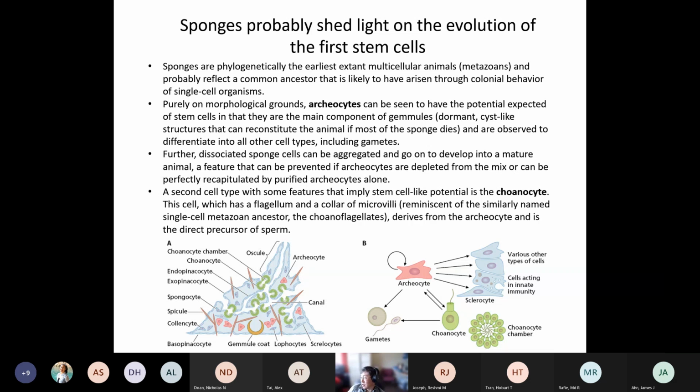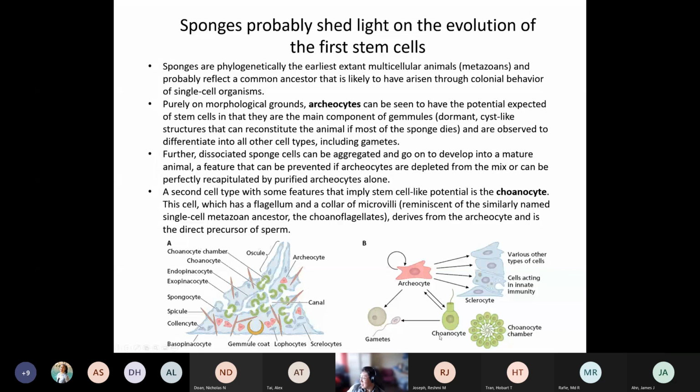That's why they are called stem cells, because they can self-renew, and if you create a huge damage in the sponge, those cells will be able to give rise to the whole structure again, the whole individual again. And why are the choanocytes stem cells here as well? That's because the choanocytes are derived from archeocytes.